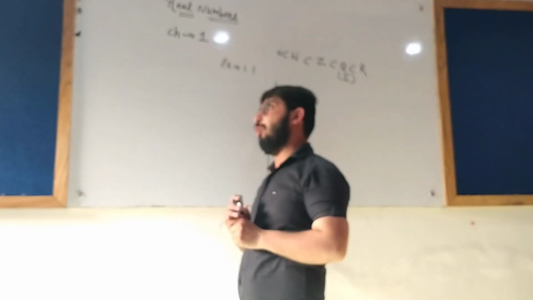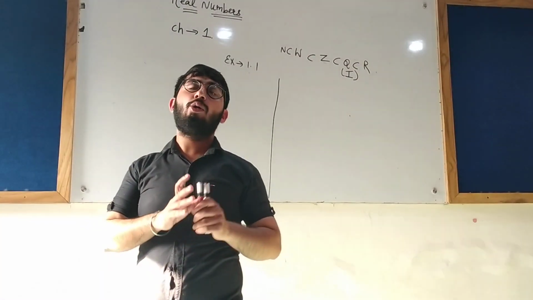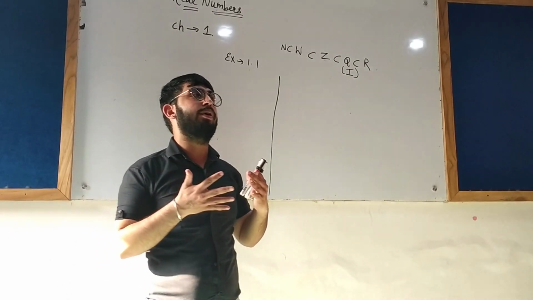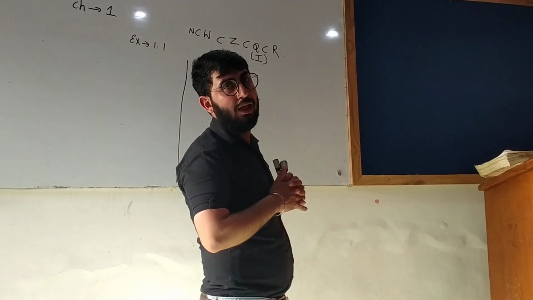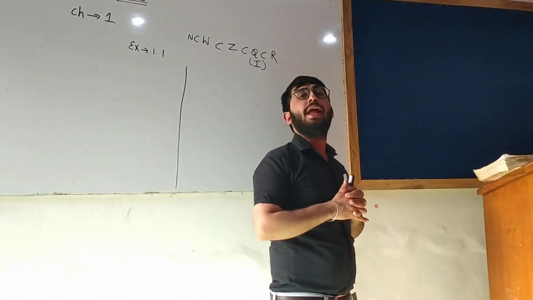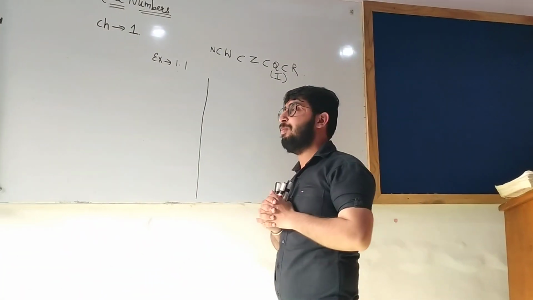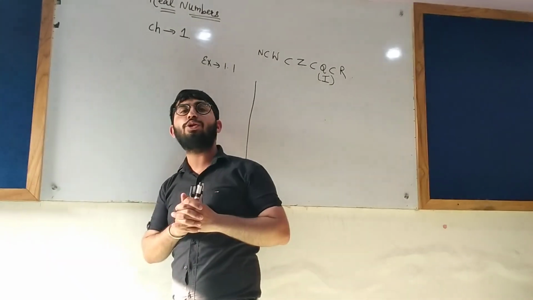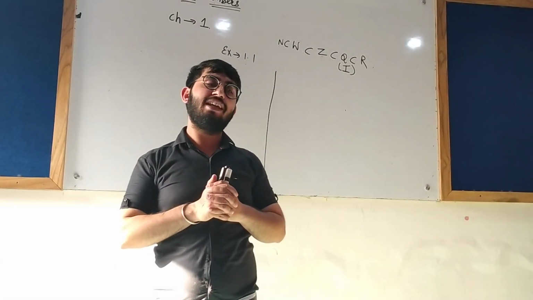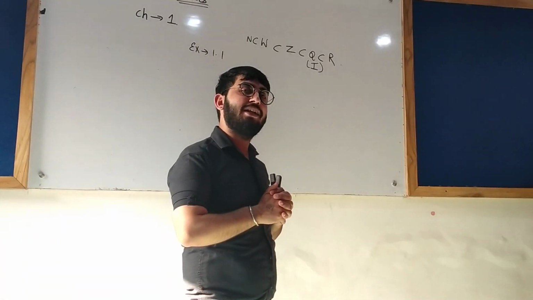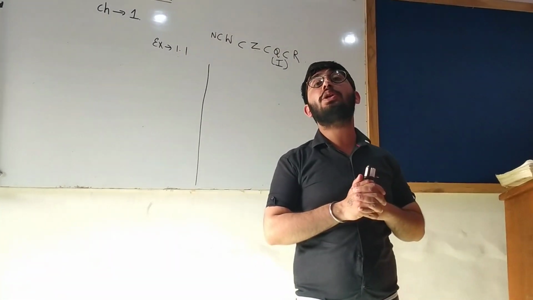First of all, let us recall the definition of a rational number. A number is said to be rational if it can be written in the form p by q, where p and q both are integers, and q is not equal to 0.